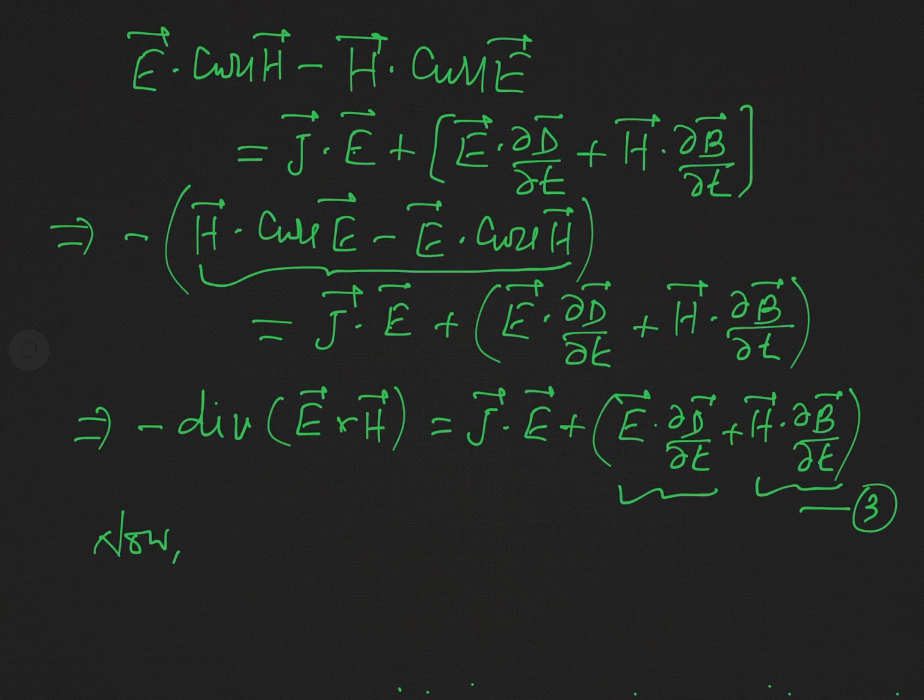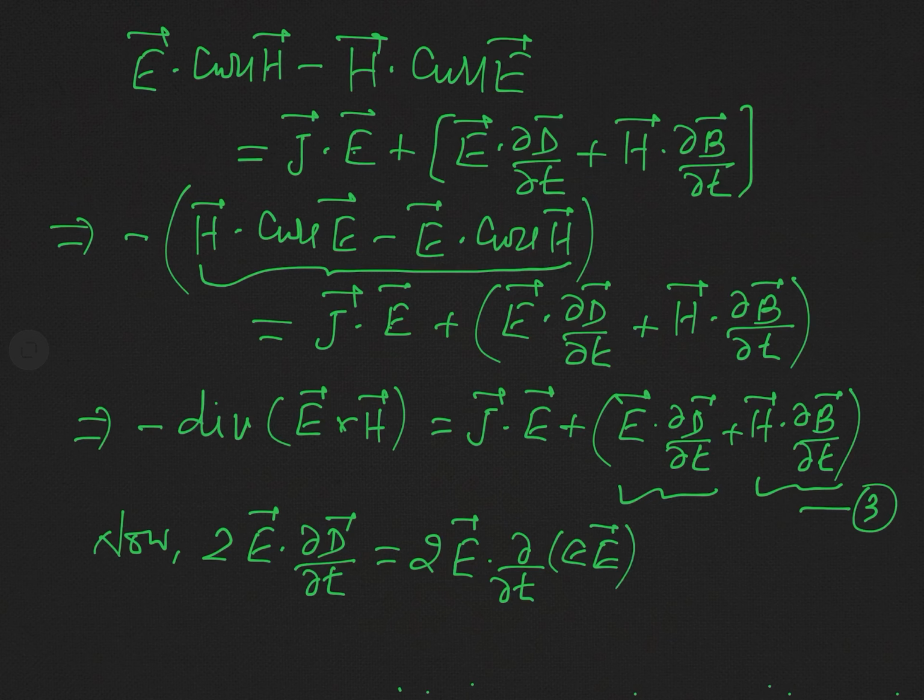Now let us use a simple algebra here. We can in fact write 2 E dot del D by del T. And as you know, the dielectric is linear, so we know that this electric displacement D can be written as epsilon E, where epsilon is the permittivity of the medium.